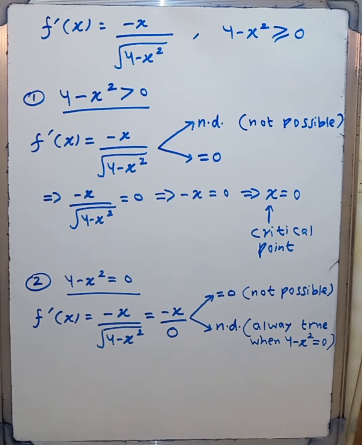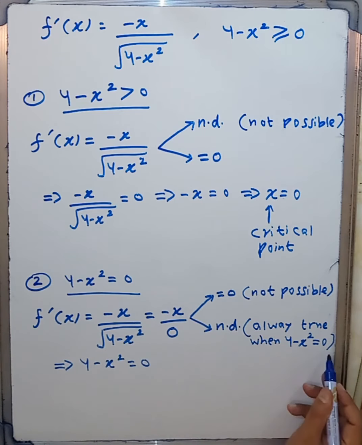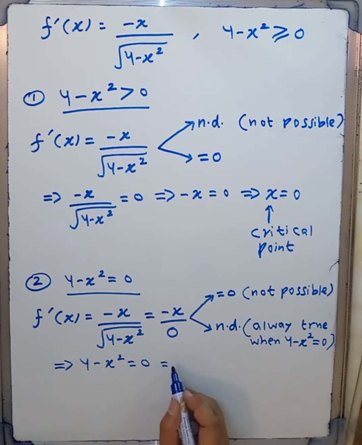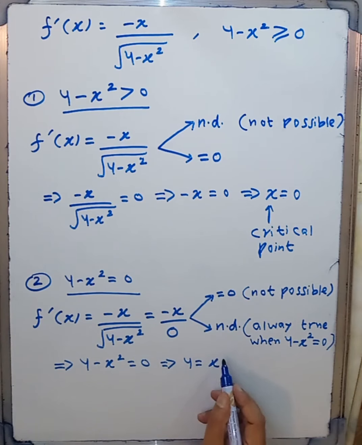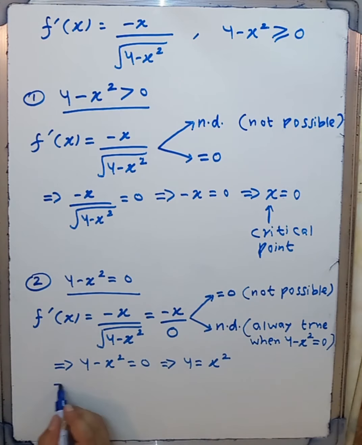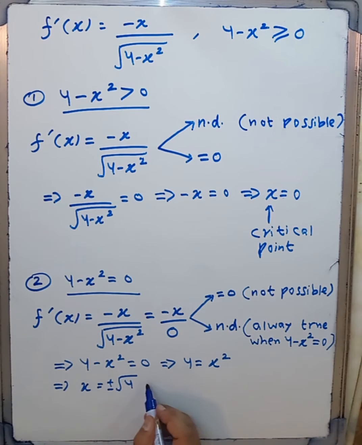Therefore, we have 4 minus x square is equal to 0, and this gives us 4 is equal to x square, and this gives us x is equal to square root of 4, can be positive, can be negative, and this gives us that x is equal to positive 2 or negative 2.